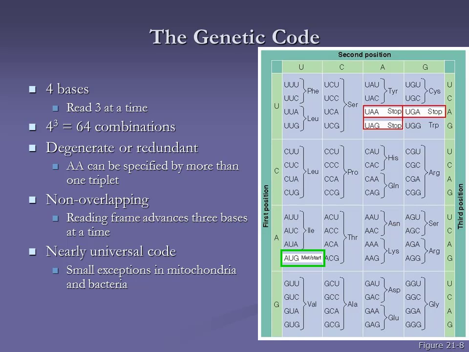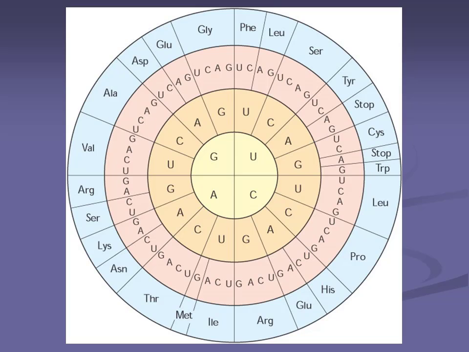Now, this is sort of a new way of trying to help you remember the codons for the amino acids. The first nucleotide is in the center. The second is in the next concentric circle coming out, and the third is in the next to last concentric circle, and then you get the names of your amino acids, as well as your 3 stop codons.